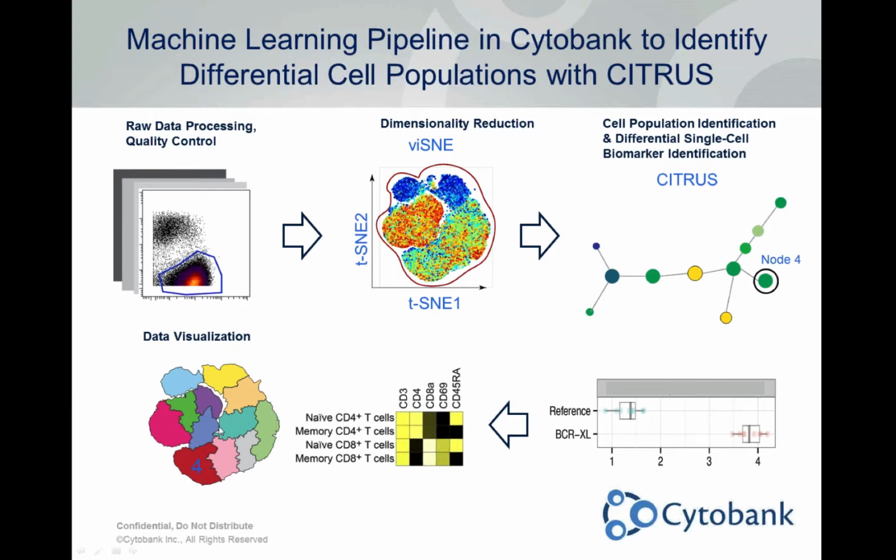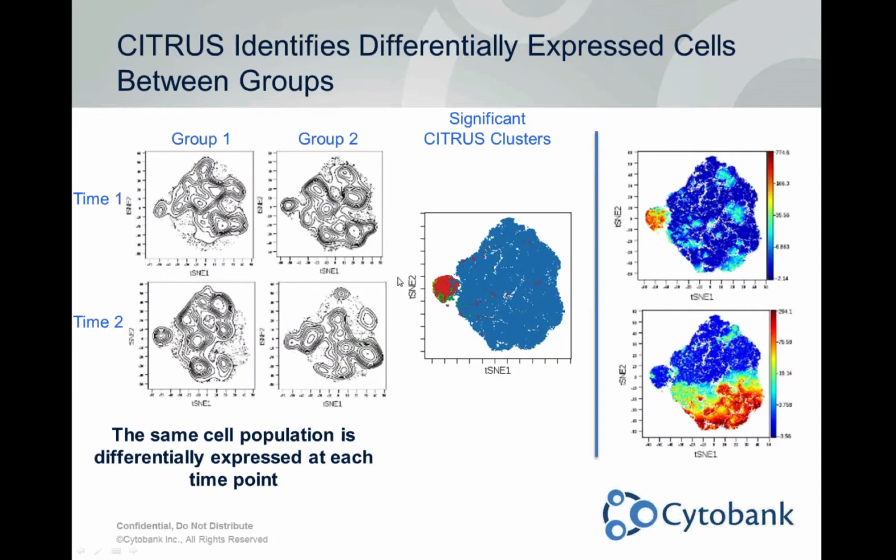So this allows you to do essentially something very similar to this, where you have groups of data. It could be anything, but responders or non-responders, or treated and untreated, whatever you'd like, and you can see these viSNE maps. They're basically the same for that single experiment. And then you can take the significant Citrus clusters and map them back to that viSNE map.